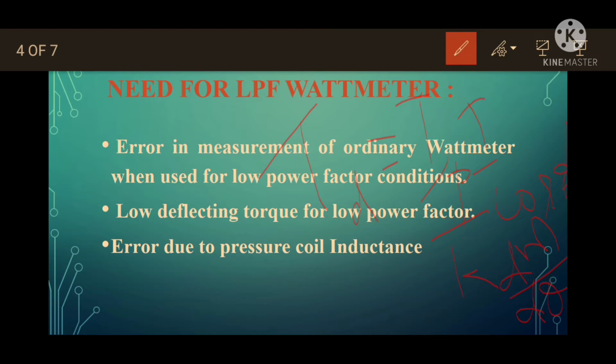When the power factor is very low, since the torque equation is directly proportional to the cos phi term, the torque will also reduce. So even under full value of deflection in the current coils, there will be a lesser amount of TD for a low power factor condition.